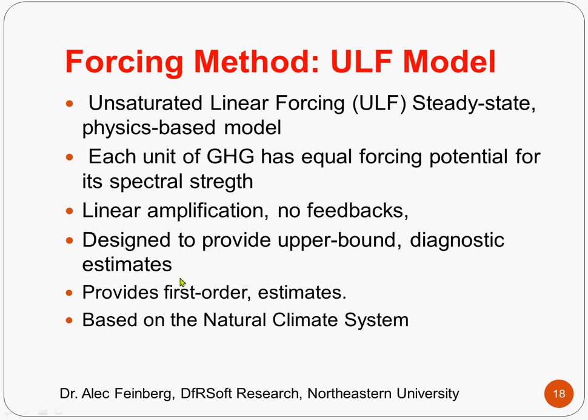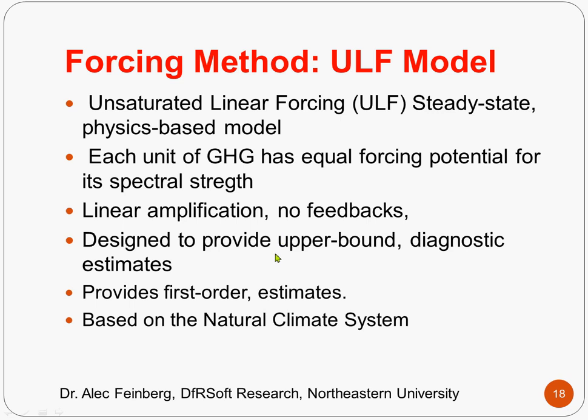All right, so we're going to use an unsaturated linear steady state physics-based model. Each unit of greenhouse gas has equal forcing potential based on its spectral strength. So it's a linear amplification model, no feedback, designed to provide upper bounds.